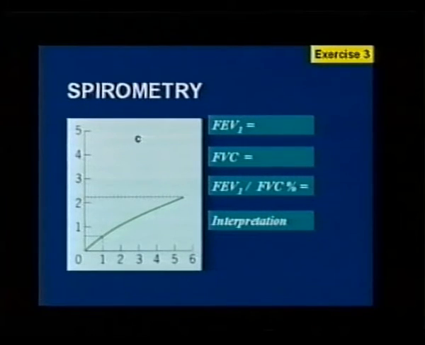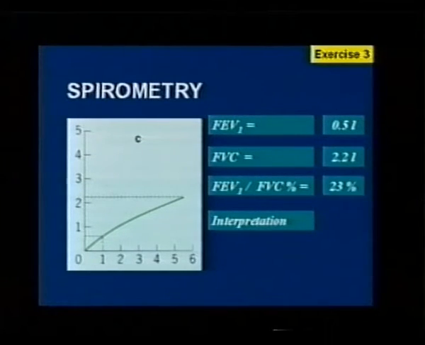Exercise 3. FEV1 is 0.5 liters, FVC is 2.2 liters, FEV1 over FVC ratio is 23%.